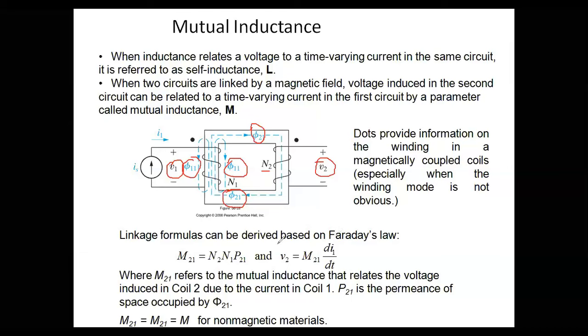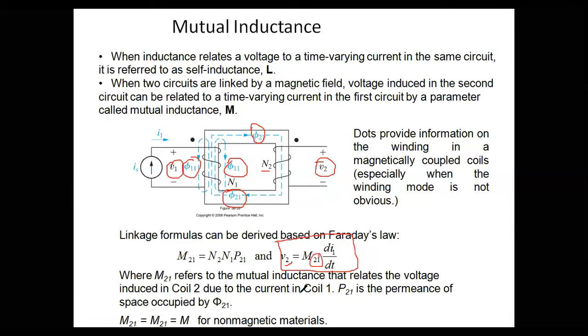Now, the most important one that I want us to talk about now is this. V2 is equal to M21 multiplied by di1/dt. You will find out that V2 is the voltage induced in the second inductor. M21 is the mutual inductance, and I'm going to explain what M21 means.